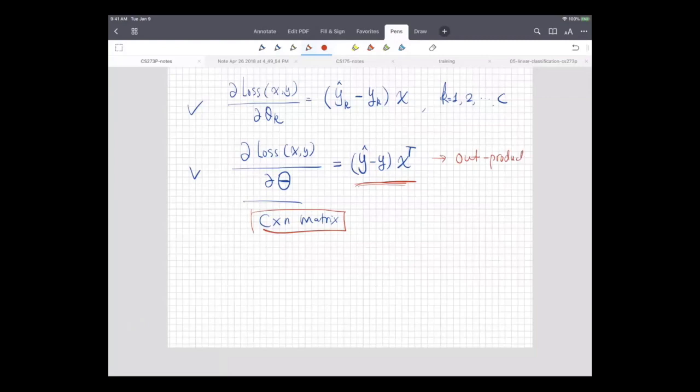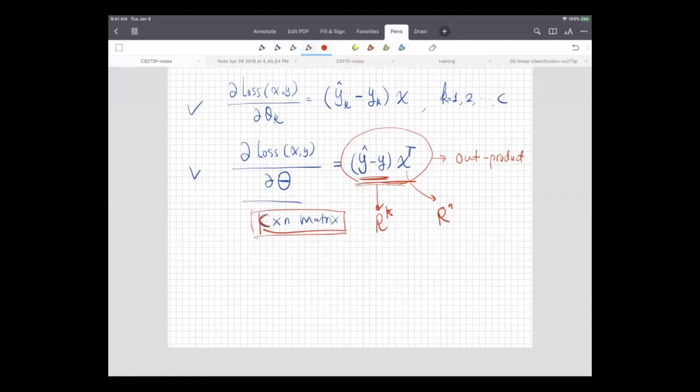One is k-dimensional, and x here is n-dimensional. But you're going to transpose it to make it a row vector. So you take the product between a column vector and a row vector, and that itself will lead to a k by n matrix. So you can see it's consistent. That is a much more compact representation of the gradient.